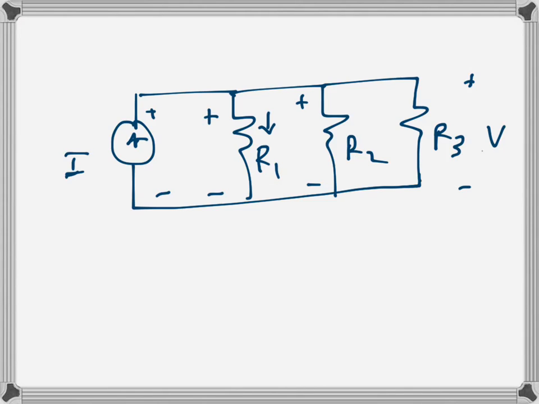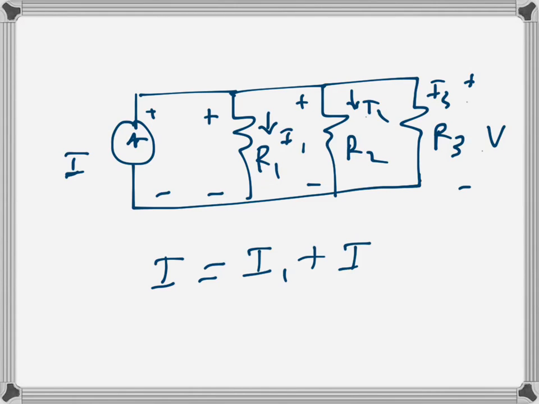If the currents are I1, I2, I3, then from Kirchhoff's current law I is equal to I1 plus I2 plus I3, because this is the entering current and these three are leaving currents.